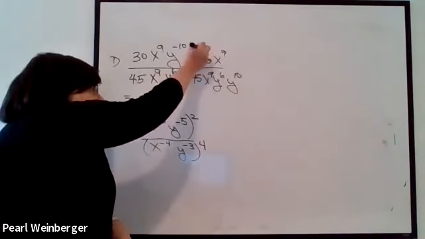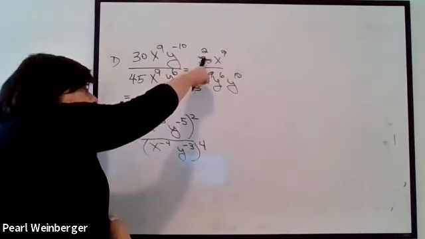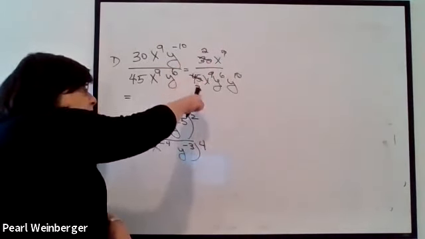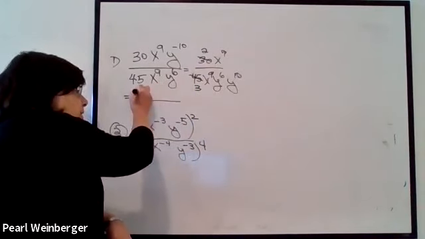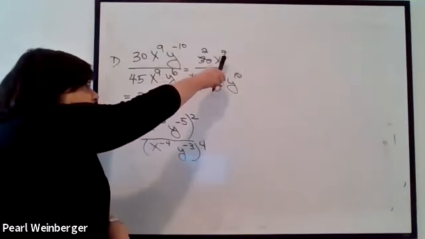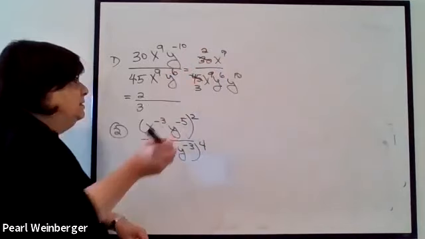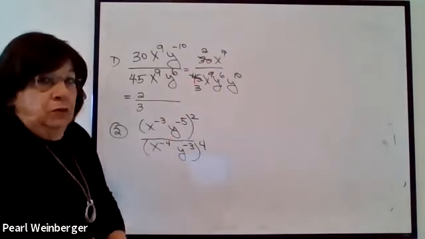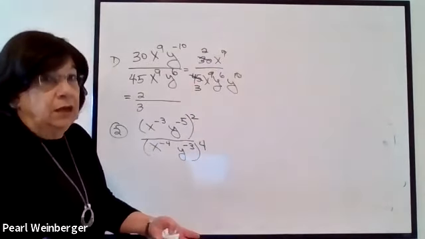So this is going to become a 2, and this is going to become a 3. 30 divided by 15 is 2, 45 divided by 15 is 3. Let's just put that here. So here's my 2 and my 3. The next thing I have is an x^9 on top and an x^9 on the bottom. Now, when you subtract 9 minus 9, you're getting 0.